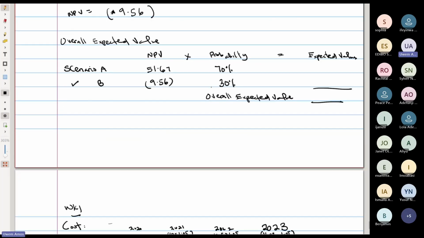Okay. So 51.67 multiplied by 70%, what do we have? 51.67 multiplied by 0.7 has a value of 36.17. 9.56, that's a negative, multiplied by 0.3, still a negative, 2.87 as a negative.